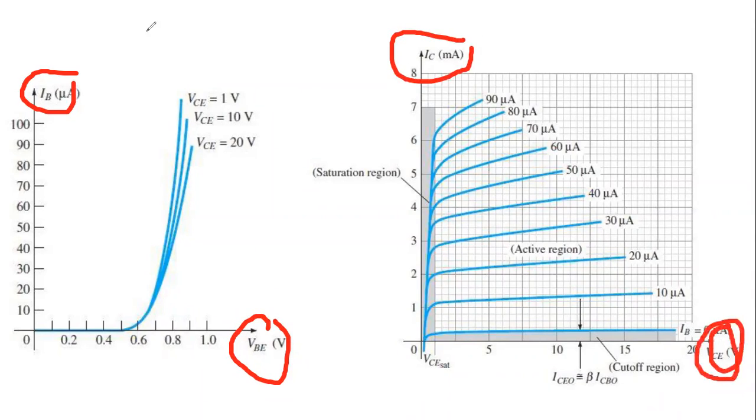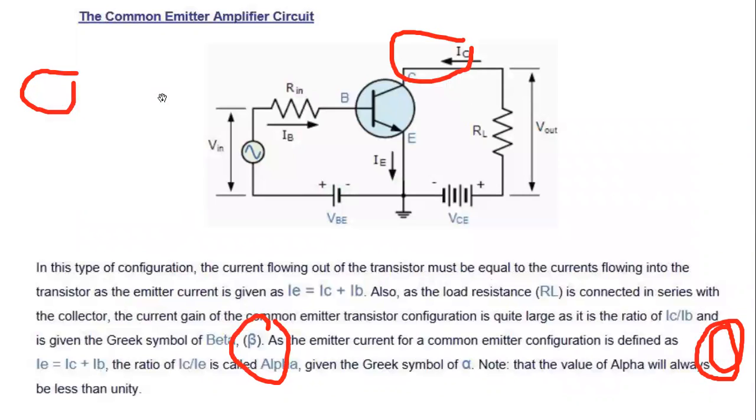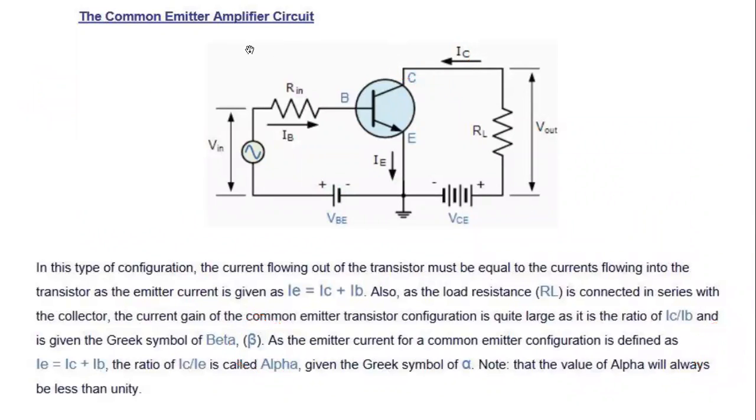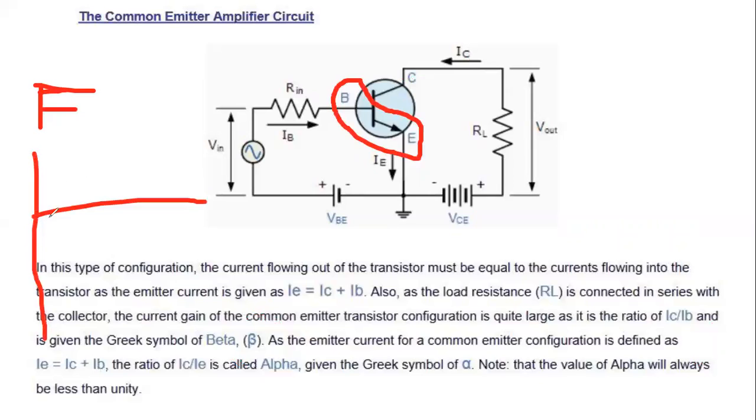Okay, so from there we can say that the input is across base and emitter, and this base-emitter junction is forward bias. So the input curve will be the curve of the forward bias region of a diode.